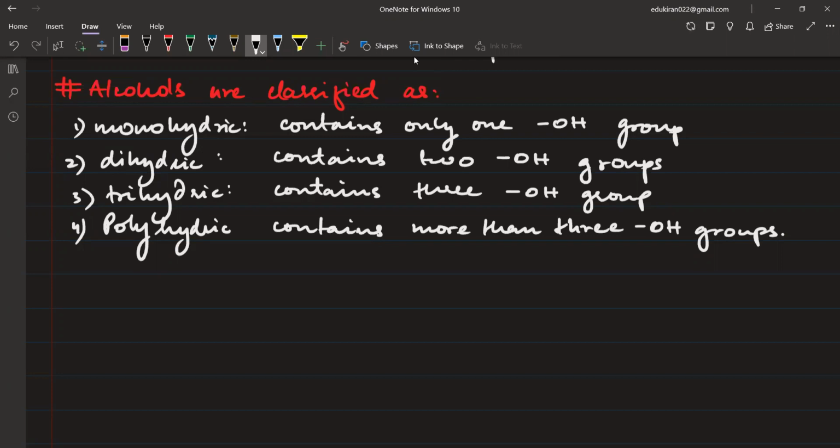Okay. So I will give examples of monohydric, dihydric and trihydric alcohols, which are important. One of the most important monohydric alcohols is ethanol. Take some examples. Ethanol, or it is also known as ethyl alcohol, or it is also written as EtOH.